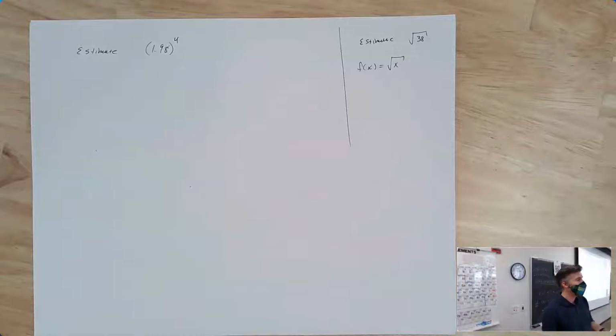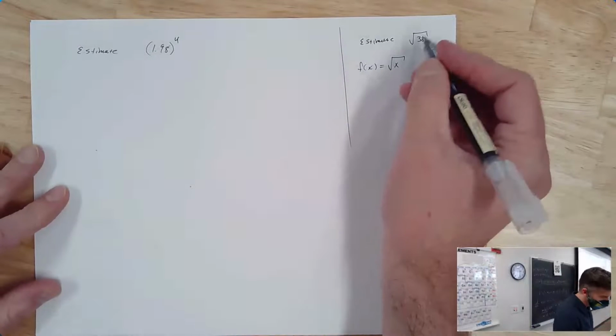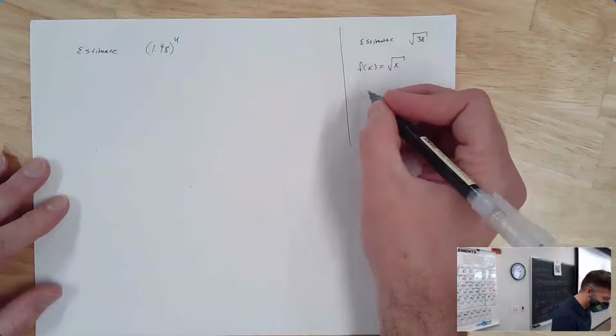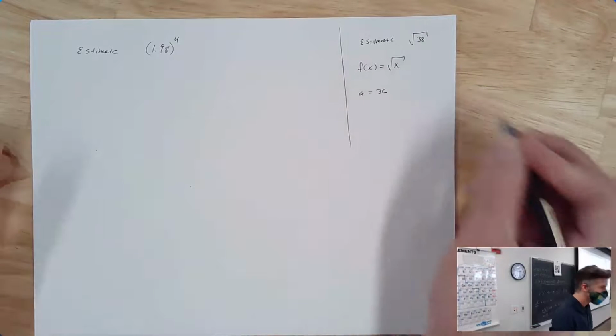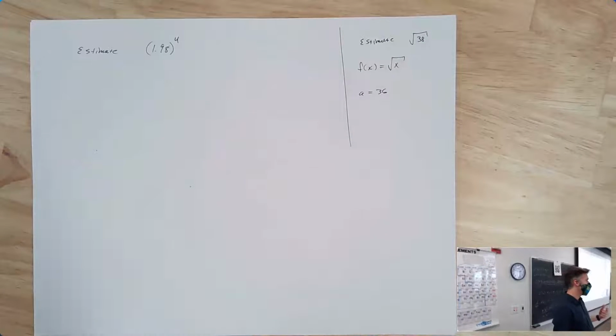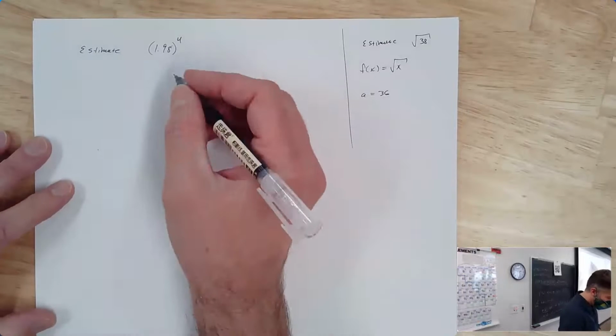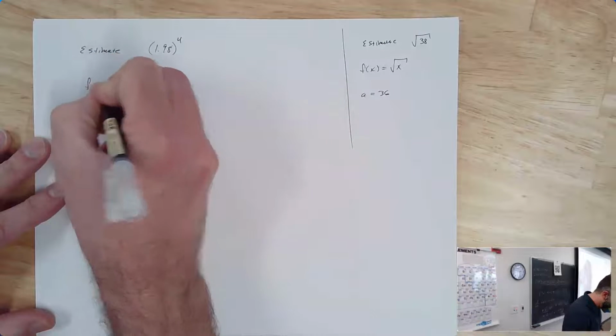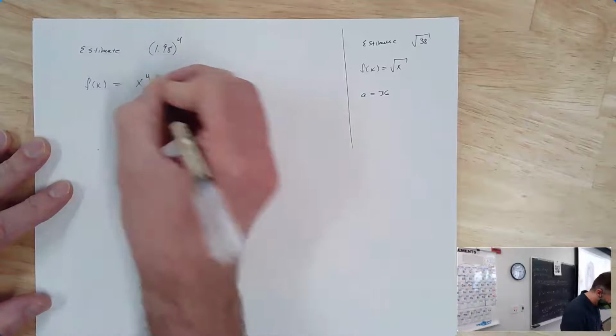And then I'm going to pick the A value that's closest to the number I've got that's easy to plug in. So for this one, the closest number to 38 that I can take the square root of is 36. I should say that I can take the square root of without using extra tools and get a nice answer. Here, my function is going to be x to the fourth.